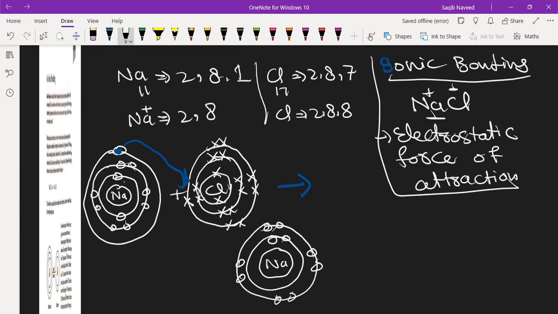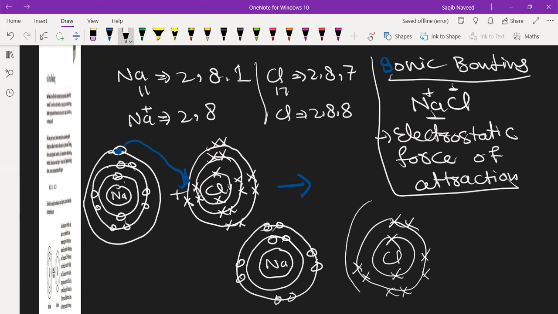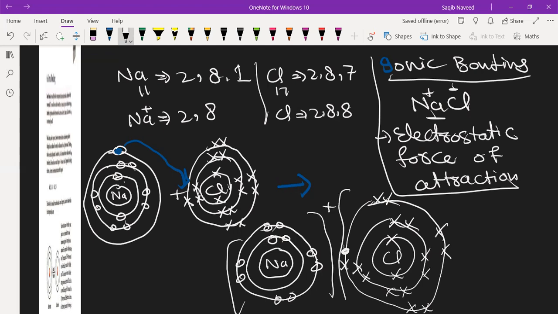And then chlorine, 2 in the first shell, 8 in the second shell, and how many electrons in the third shell of chlorine, beta? Look at this. What difference are you seeing in chloride? This is Na positive, and this is now called Cl minus.